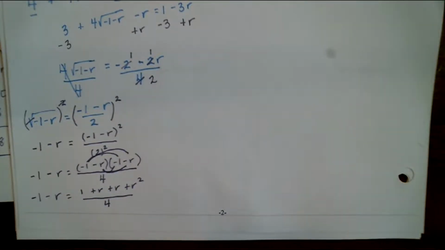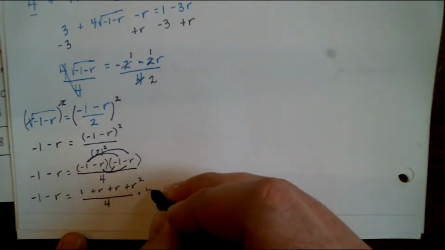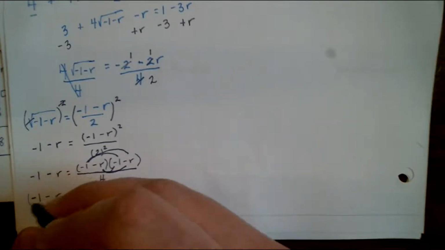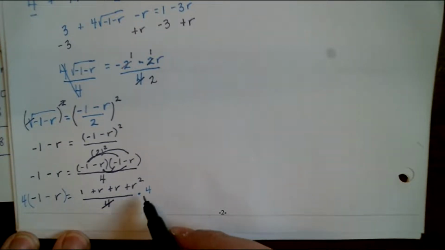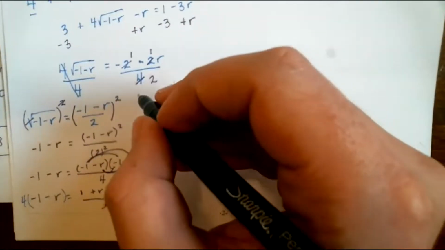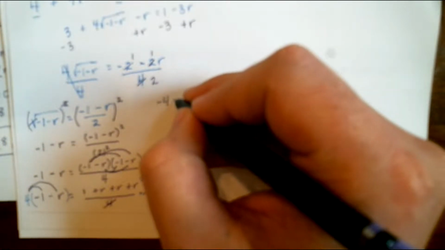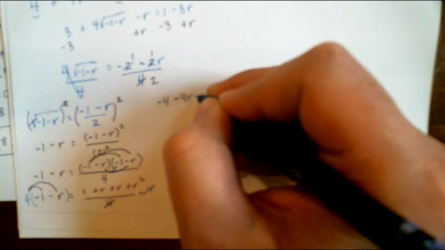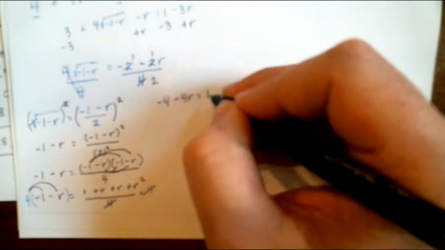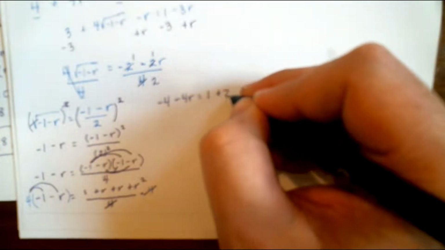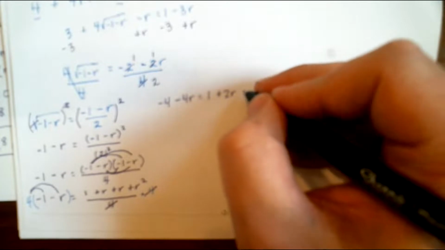From here, I'm going to multiply both sides times 4 to take care of the fraction. So that cancels with that. And then coming over here, if I just go ahead and distribute that in there, I have negative 4 minus 4r is equal to 1 plus 2r plus r squared.